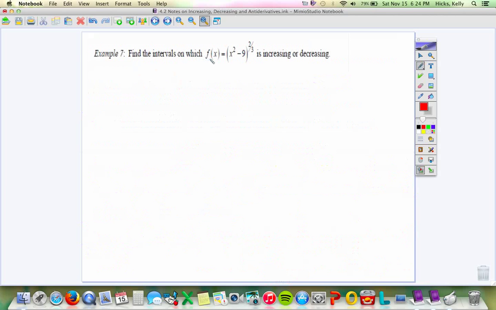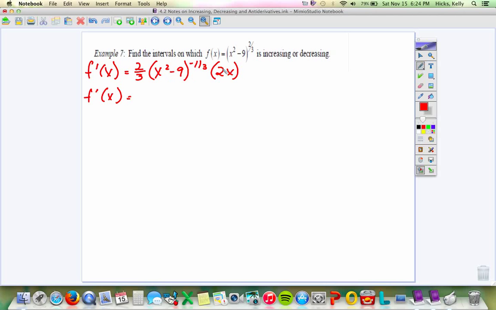Okay. Example 7. This is the same thing you have. All right, so x squared minus 9 to the 2/3 power. First thing we need to do is find the critical points, so we need to find the derivative. So the derivative is 2/3 times x squared minus 9 to the negative 1/3 power times the derivative of the inside, which is 2x.